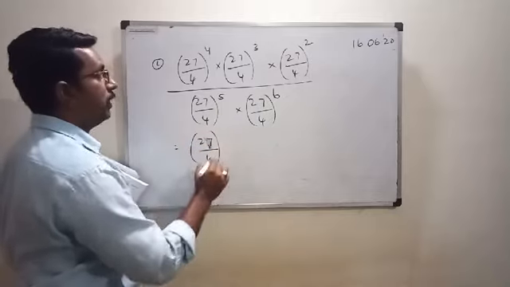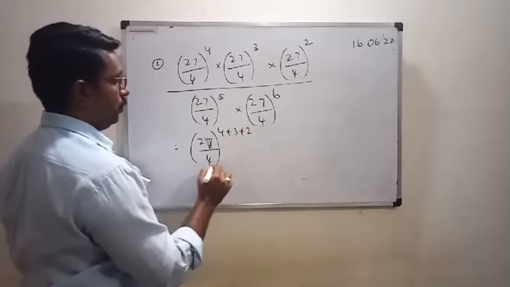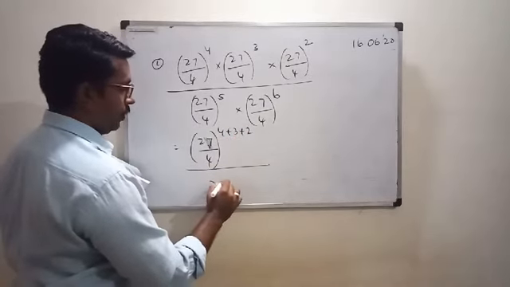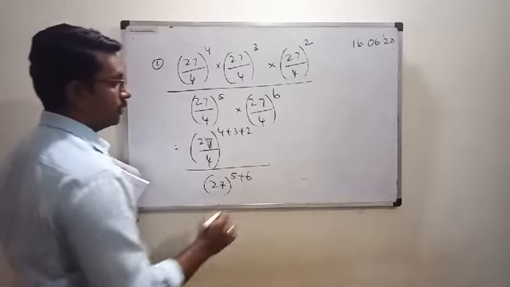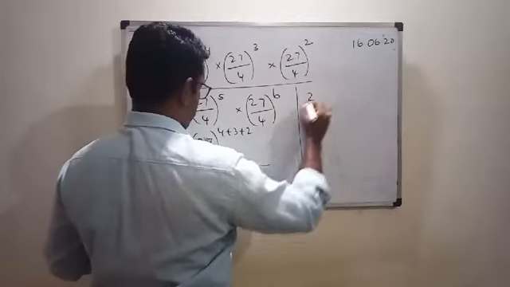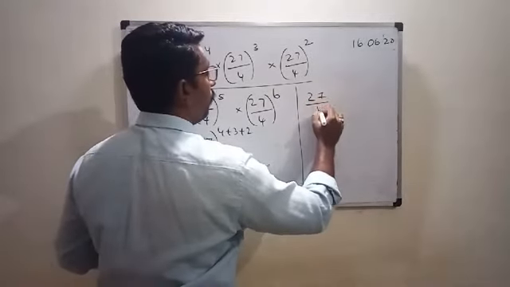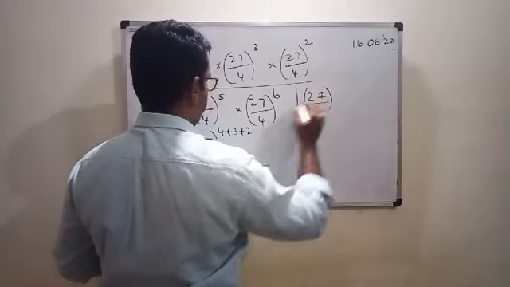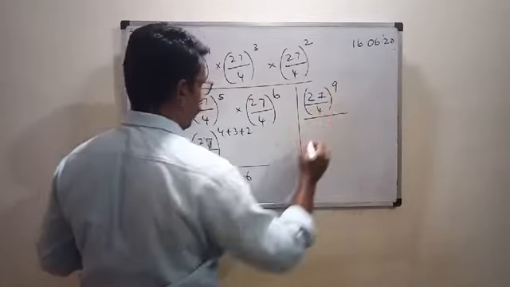So which is 27/4 to the power 4 plus 3 plus 2 upon 27/4 to the power 5 plus 6, which is equal to 27/4 to the power, what is the answer? 9 over 27/4 to the power 11.